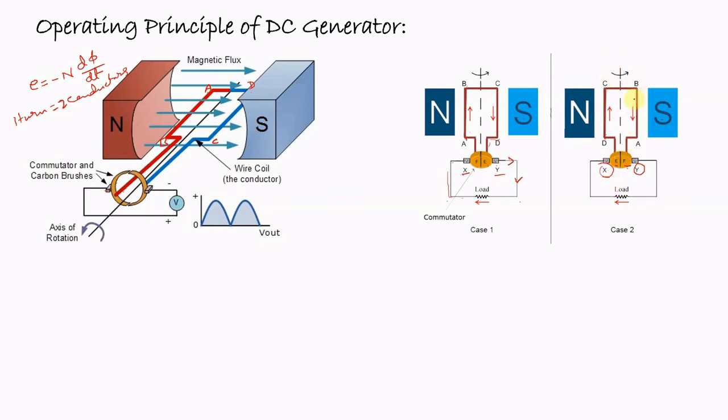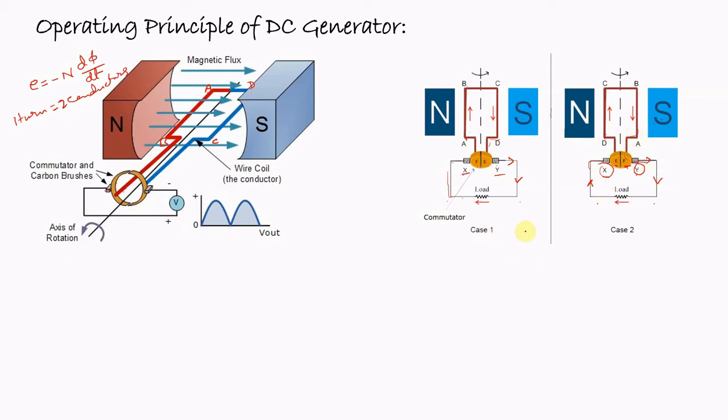So now the AB side current is downward, and this AB side conductor is connected to the commutator segment F. Now commutator segment F is connected to the brush Y. So again the current will flow to the load from right to left, and then this current will be supplied to the brush X, then the commutator segment E, and then it will pass to the conductor.